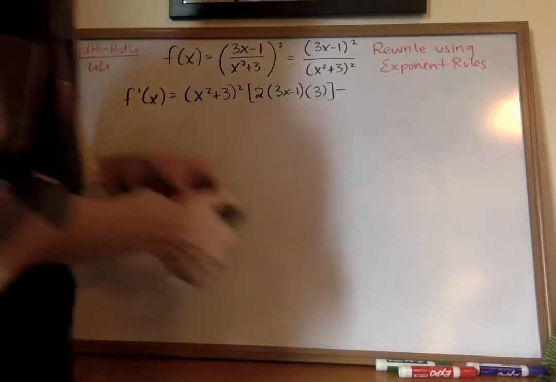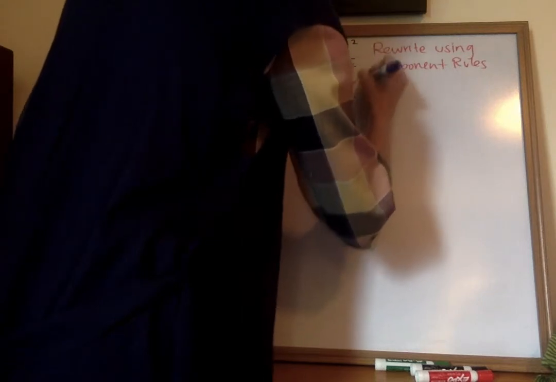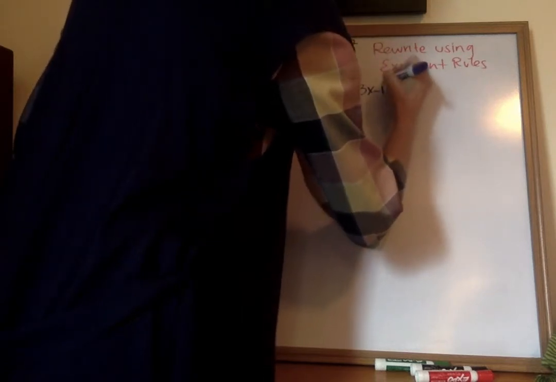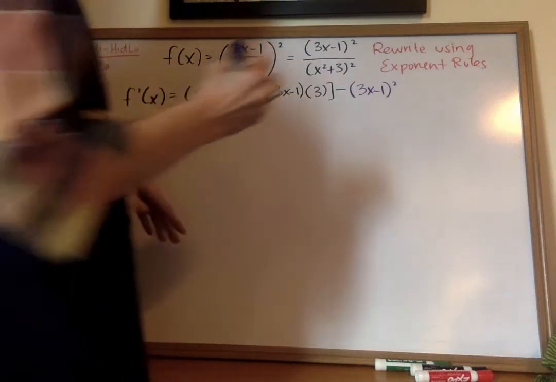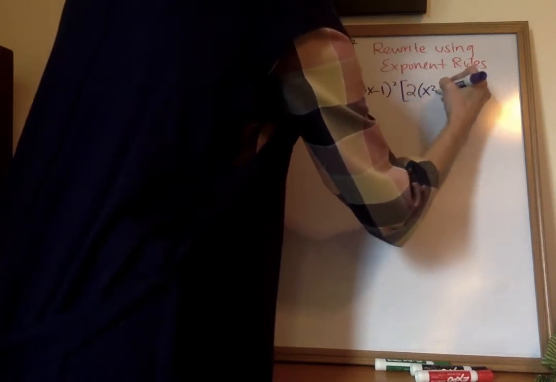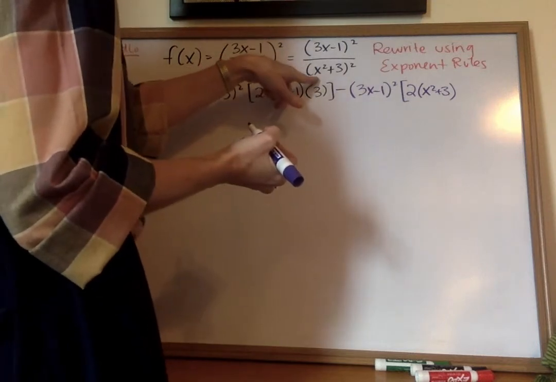Now let me do high d low, and I'll do a different color. How about purple? So high is 3x minus 1 squared. And then we need the derivative of the low. So we're going to use chain rule. We'll do 2 times x squared plus 3 to the first power times the derivative of the inner function, which is going to be 2x.